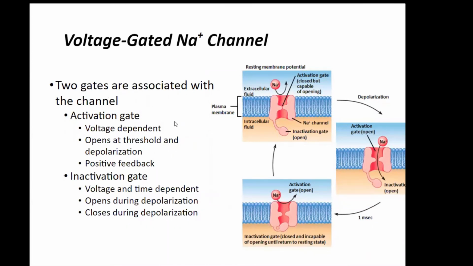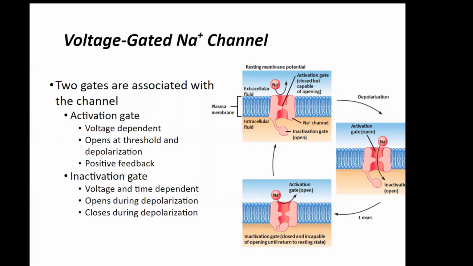So this is a little summary about the activation gate and the inactivation gate in words instead of pictures. So the activation gate is triggered by this change in voltage. It opens at the threshold and it keeps opening. So like neighboring voltage gated channels open during depolarization. So once one channel opens because the membrane potential near that channel has hit threshold, that channel opens, allows sodium in, which means that we've gotten our two neighboring channels up to their thresholds.